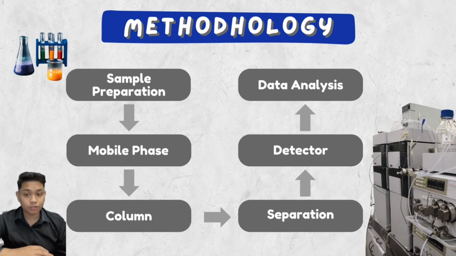As the sample travels through the column, components interact differently with the stationary phase, leading to separation. From the separation, we go to the next method, which is the detector. The detector monitors the eluent coming out of the column and generates a signal corresponding to the concentration of different analytes. And lastly is data analysis, where we analyze the data that we obtain from the detector.